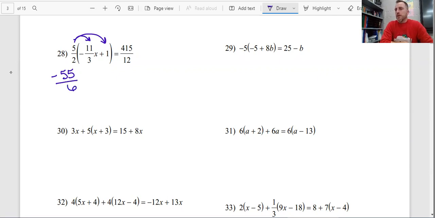Honestly, I should suggest doing 5 times 11 is 55, 2 times 3 is 6, and then because the 5/2 is positive and the 11/3 is negative, positive times a negative makes a negative. And we have an x there. Then we have a positive 5/2 times 1. So that just means plus 5/2. And it's equal to 415/12.